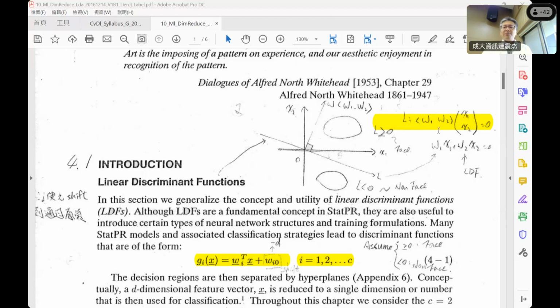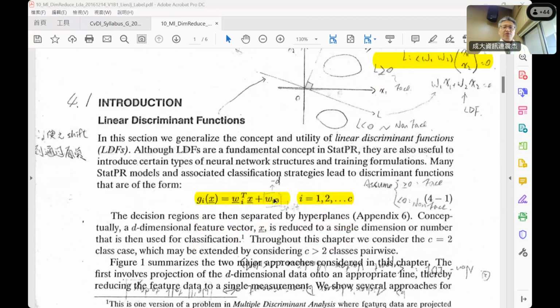What's the physical meaning of w? That is rotation and scaling, right? Rotation and scaling control the line here, whether the scaling is big or small. In our case, we don't need to consider scaling, so we only consider the rotation. And rotation is actually cosine and sine, an affine transform.